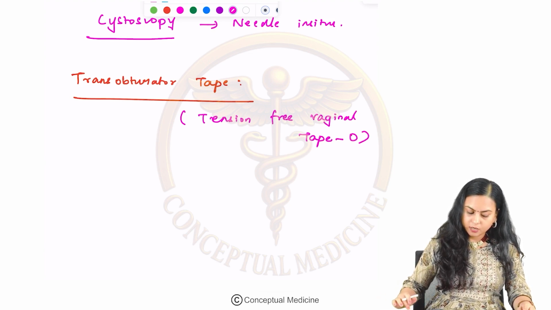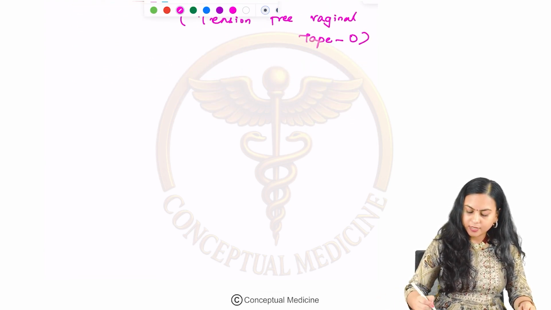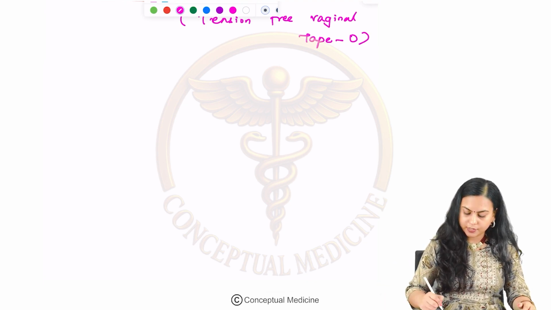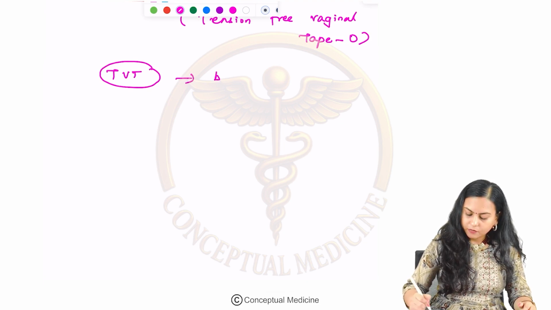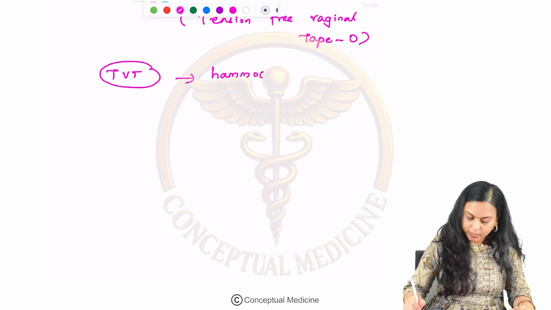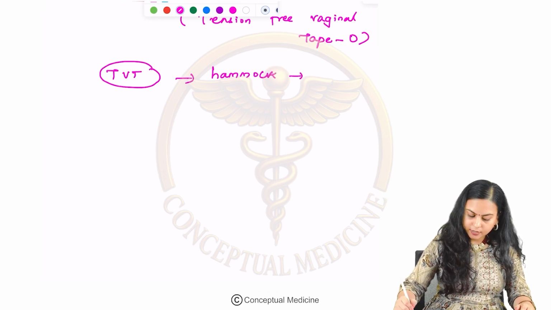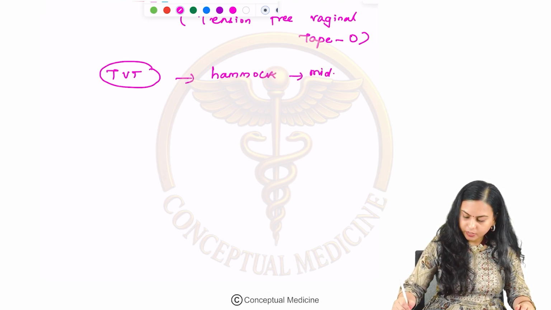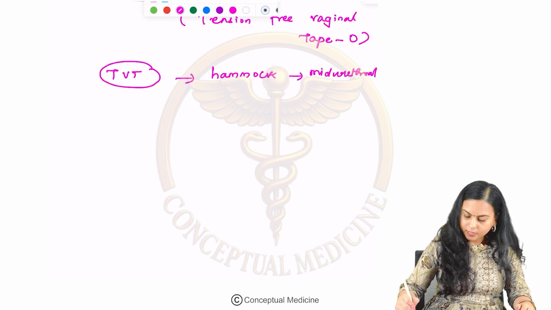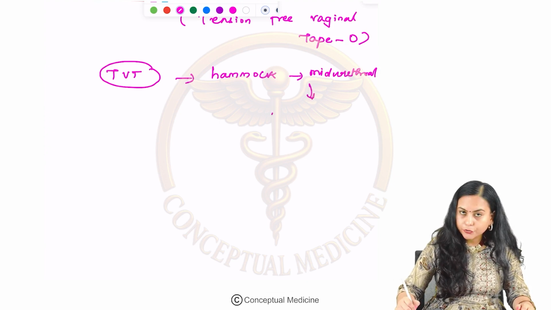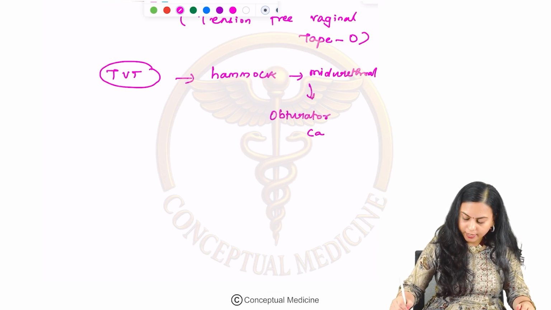Here the TVT procedure is done similarly, but the hammock of the needle is inserted into the midurethral canal and brought through the obturator canal.